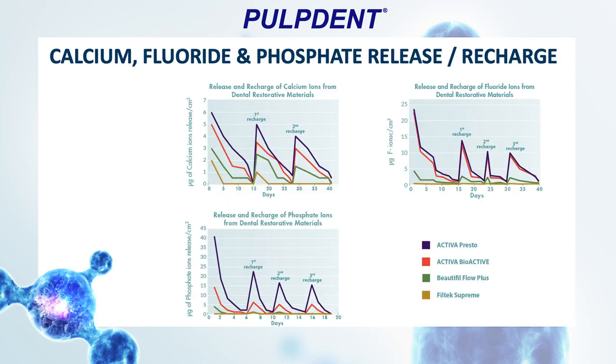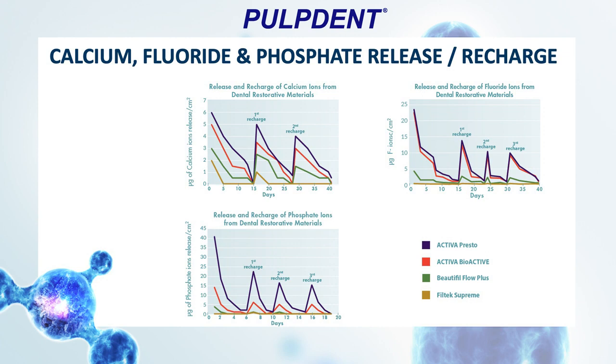These graphs represent calcium, fluoride, and phosphate release and recharge from various materials. Here you can see ACTIVA Presto, ACTIVA Bioactive, Beautifil Flow Plus, and Filtech Supreme. Now, Beautifil Flow Plus is a composite resin that does show some ion release. Other than ACTIVA, I don't know of any other composite on the market that does, and Filtech Supreme has a high market share, but you can see it pretty much flatlines on everything here.